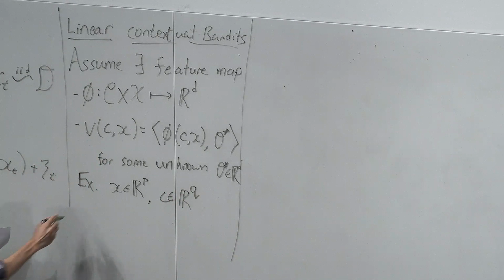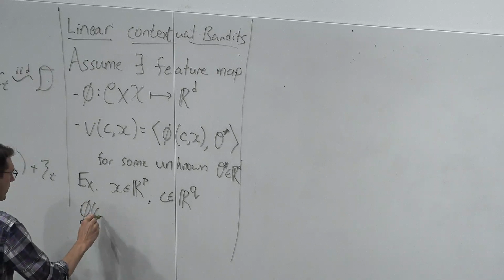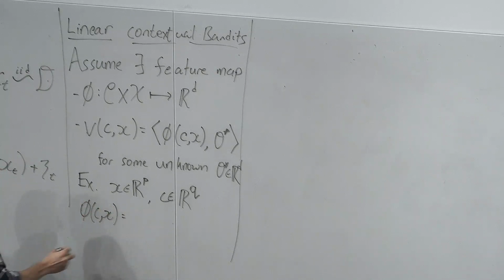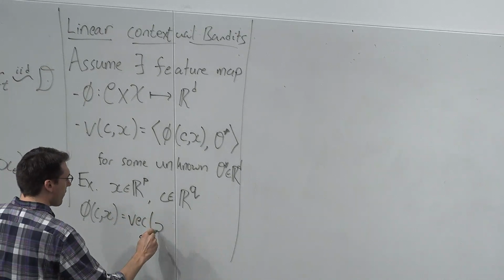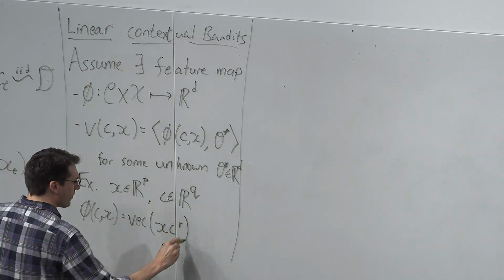Then we can have that phi of c, x is just equal to the vectorization of x c transpose.